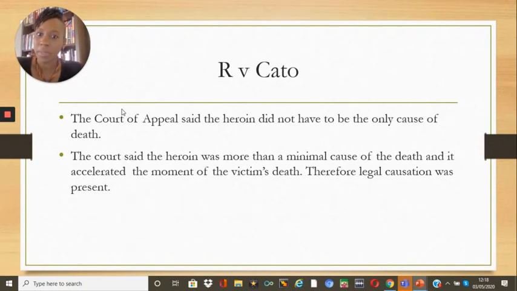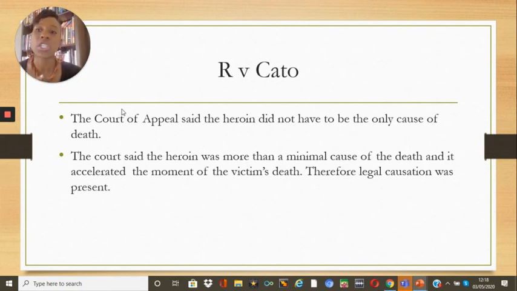They said, look, in this case, the heroin was more than a minimal cause of the death, and it did accelerate the moment of the victim's death. So we can see that legal causation was present. So usually the court is looking to determine whether or not the defendant's actions were more than a minimal cause of the death. And in this case, they said it also accelerated the moment of the victim's death.